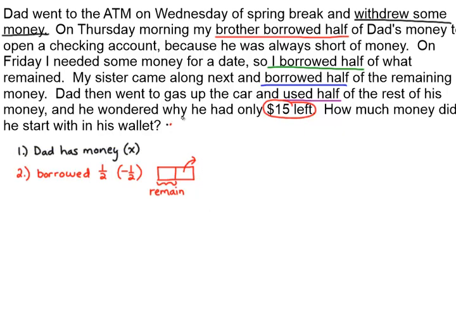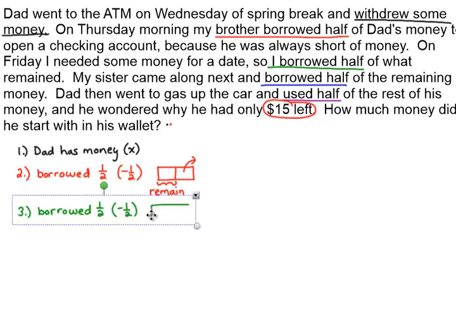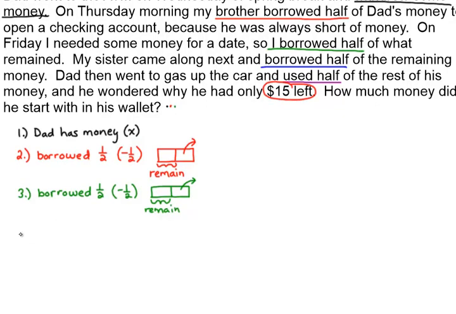Then I came along and borrowed half of it, so step 3, I took half out. Out of the remaining money, half of it went out, half of it remained. Then my sister came along, and she also decided to borrow half.